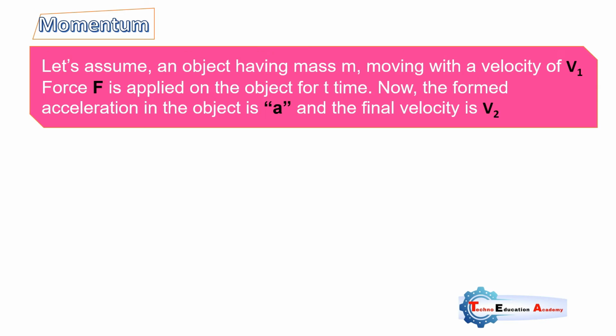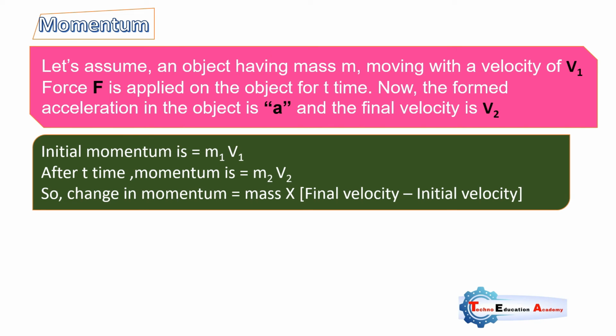Let us assume an object having mass m moving with a velocity v1, its initial velocity is v1, and an applied force F acts on the object for time t. Now the force produces acceleration a in the object and the final velocity is v2.